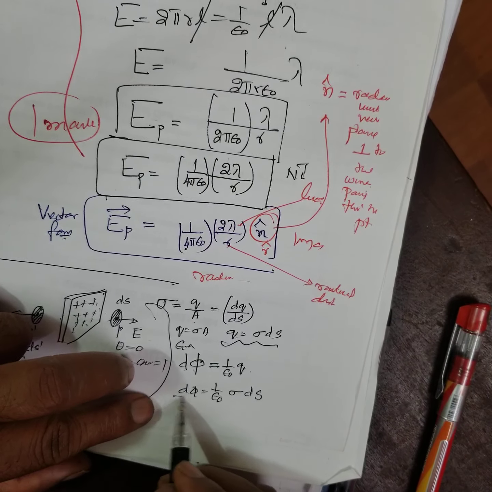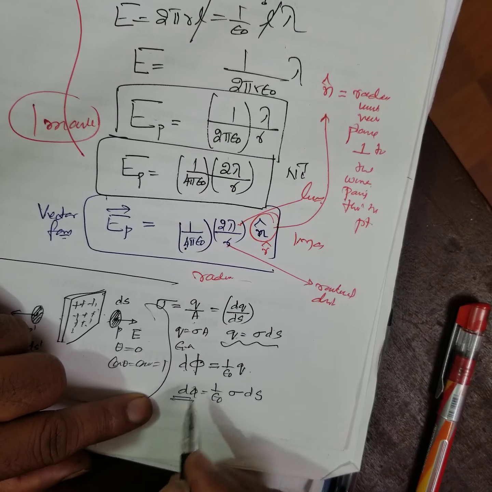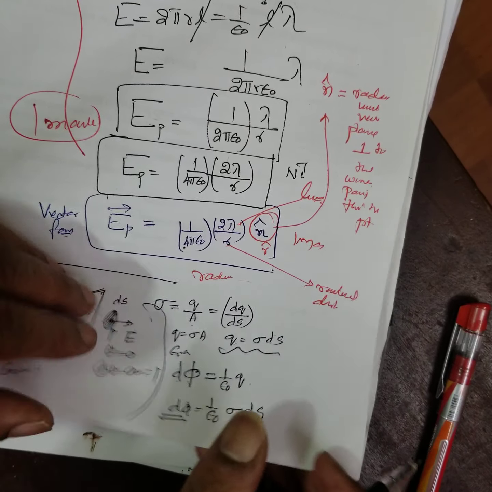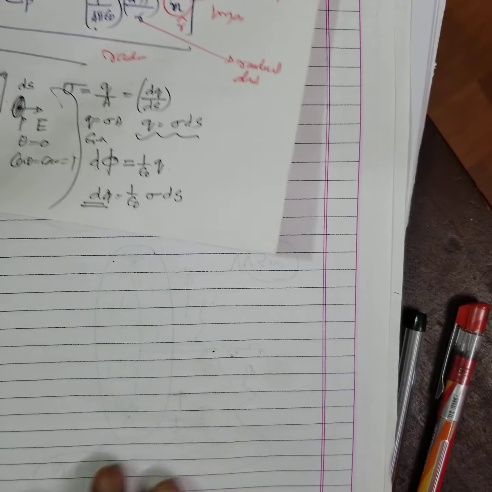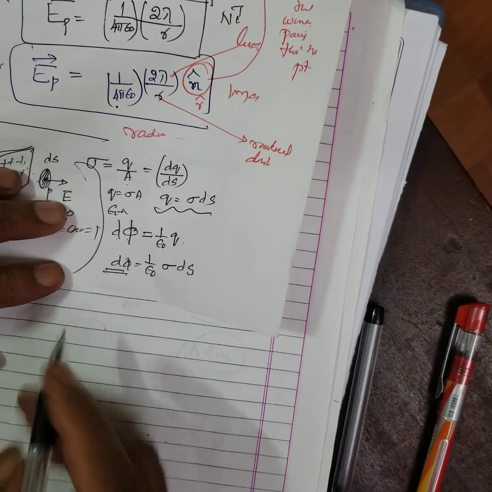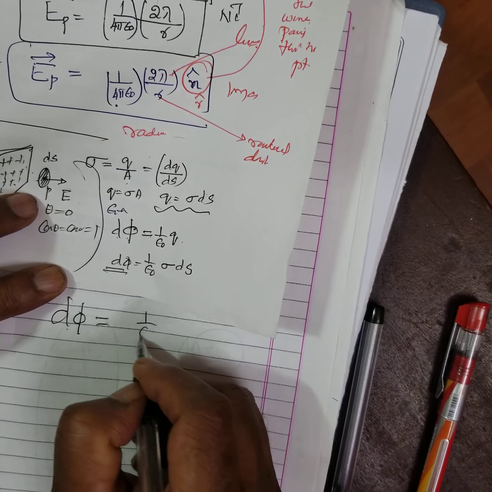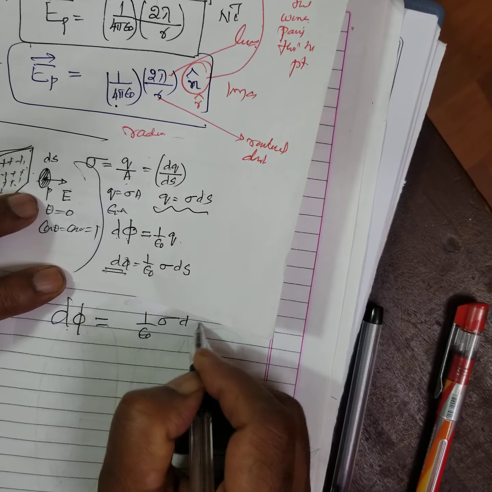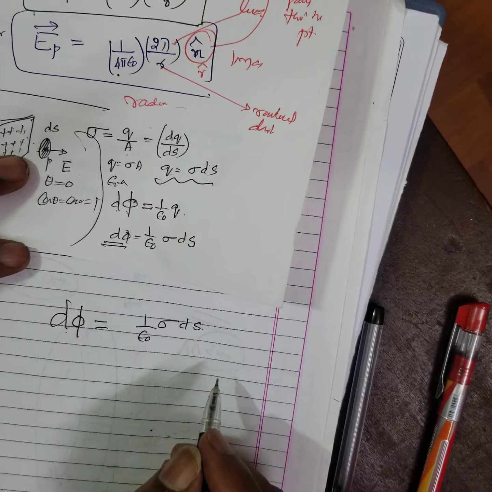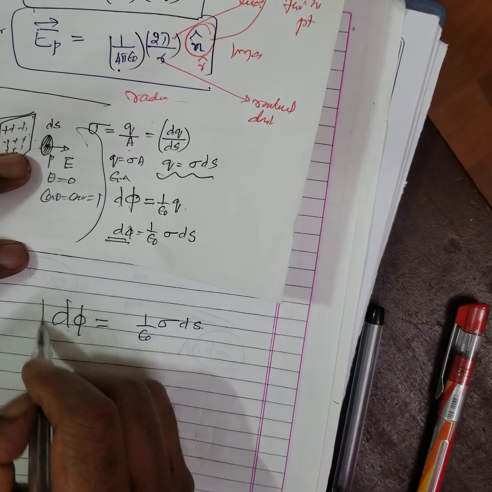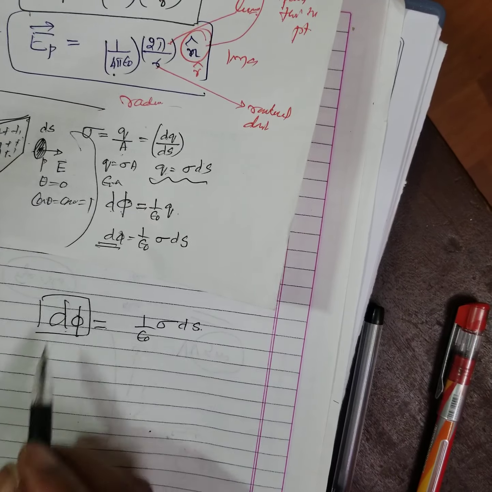Understood? Right? Sigma ds. So d psi is equal to 1 by epsilon naught sigma ds. But what about d psi?